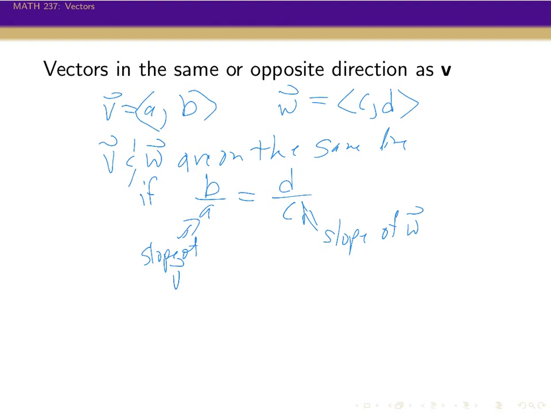So that means that either they're pointing in the same way or they're pointing in exactly opposite ways. How do you tell whether they're the same or the opposite?